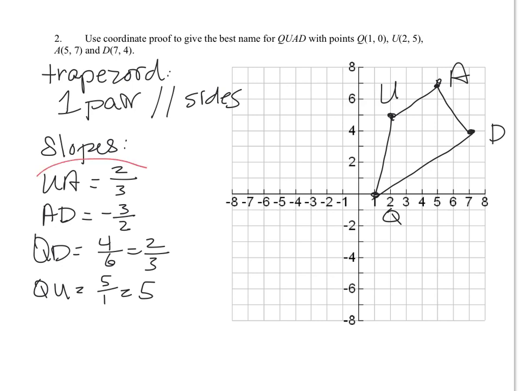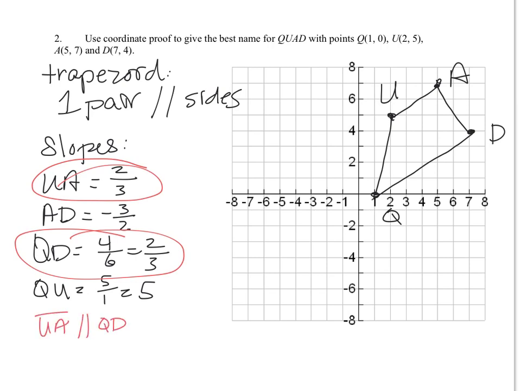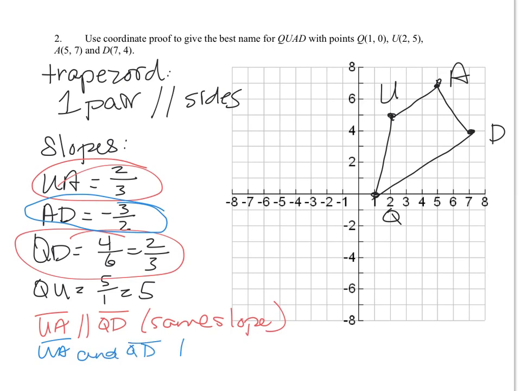We see that UA and QD are parallel, right? So UA is parallel to QD because they have the same slope. But we could also see that UA and QD are perpendicular to AD because of the opposite reciprocal slopes.